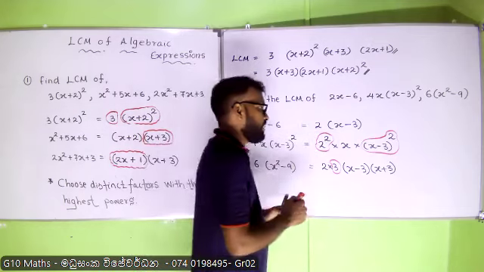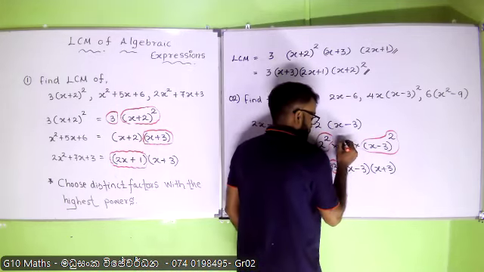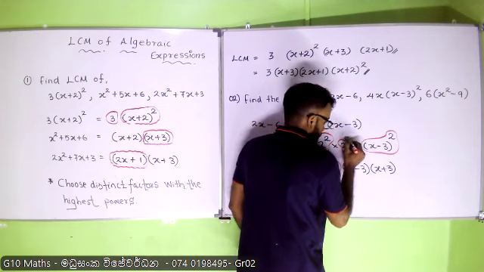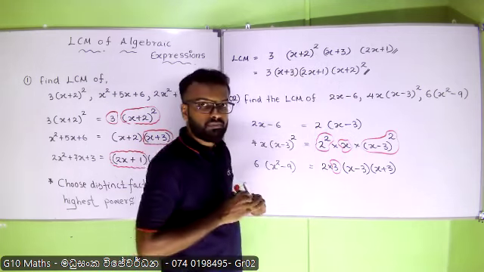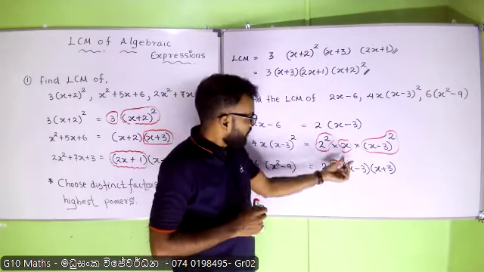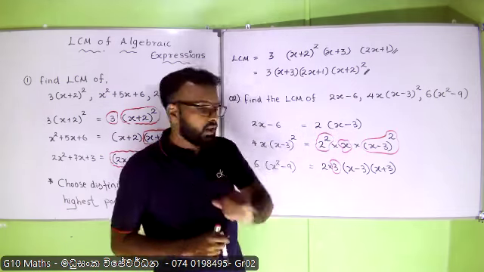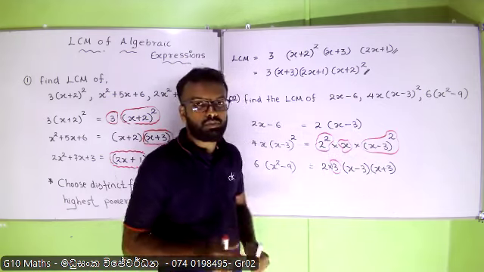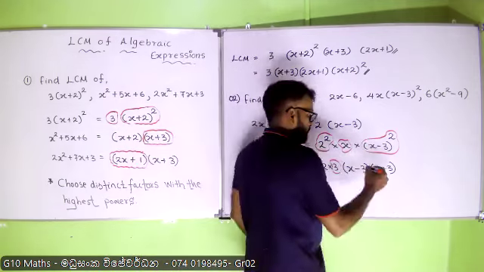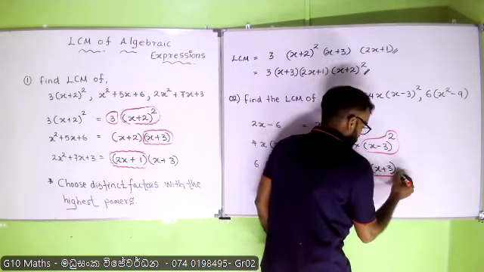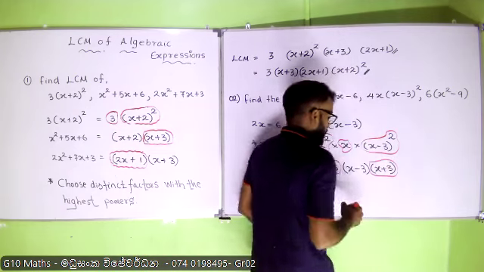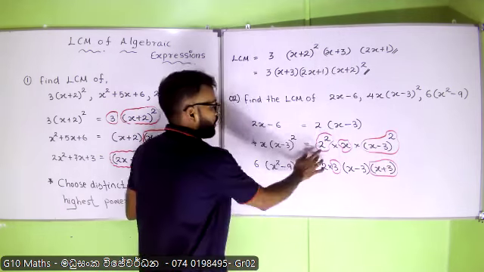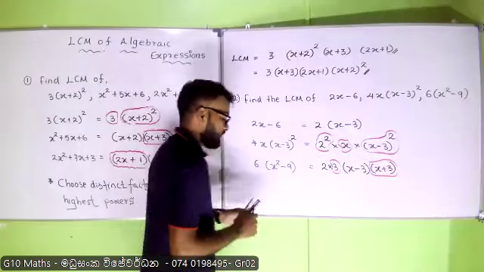No, only this one. There is no x. Now x minus 3 is okay. X plus 3, are there any other factors? No, only this one. X plus 3 to the power 1. So there are 5 factors.